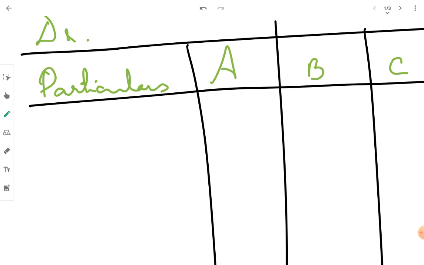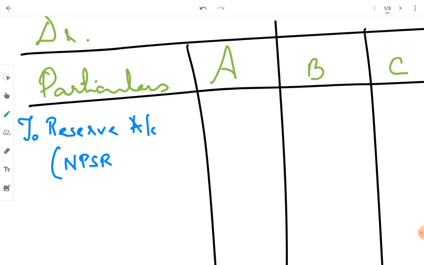And then you have to write up a new reserve of rupees 15,000. So this reserve is to be shared equally amongst all of the three partners. So you write it down now. To reserve account, this is new profit sharing ratio.